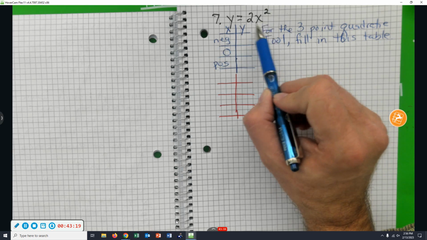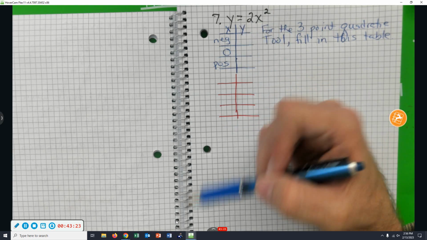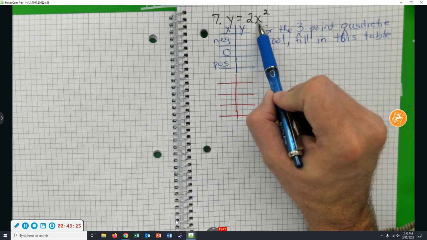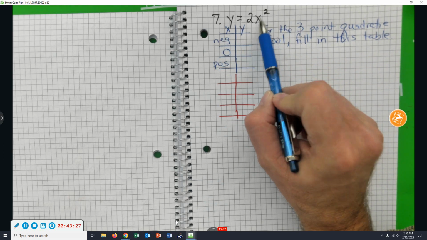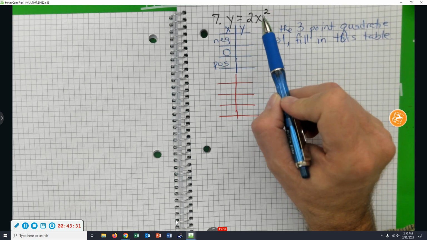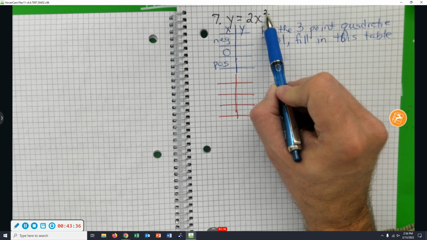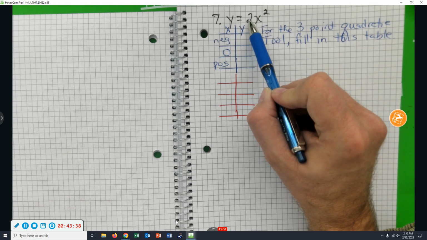Oh, by the way, do y'all remember the "Please excuse my dear Aunt Sally"? If I plug a 3 in here for x, what am I going to do first? Multiply or square? Square. Okay, if you plug a 3 in, 3 squared is 9, times 2 is 18.